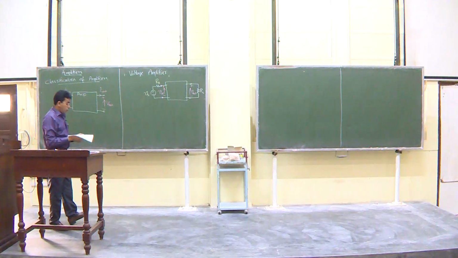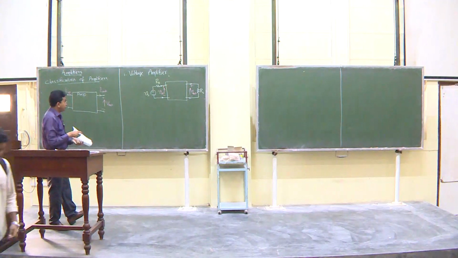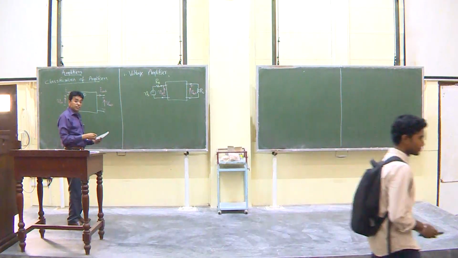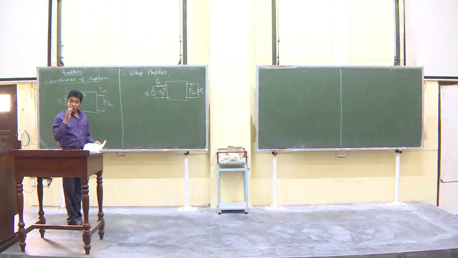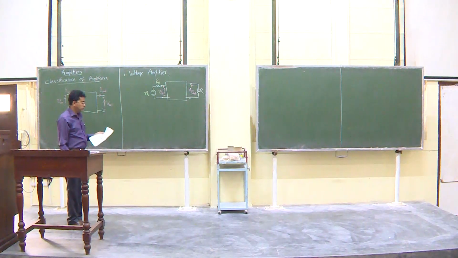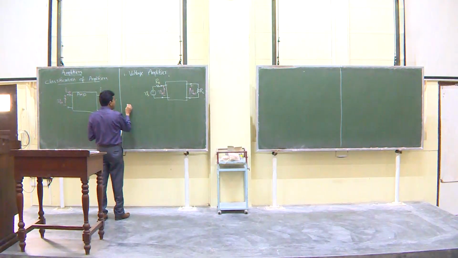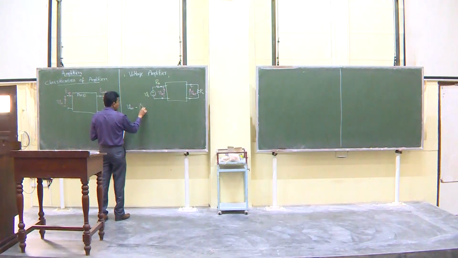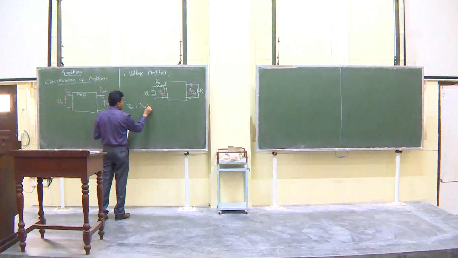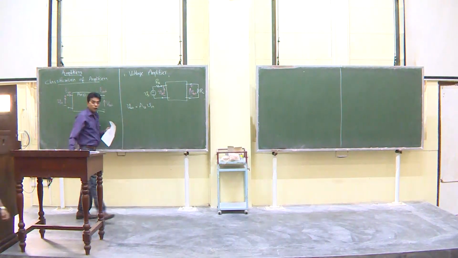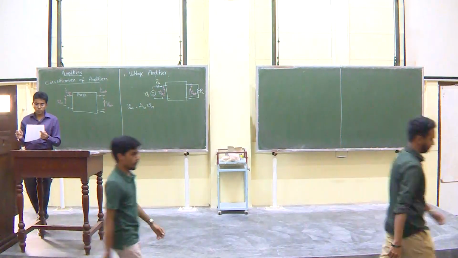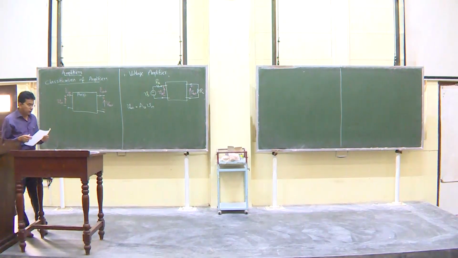Now, for a voltage amplifier, what I want is a constant relationship between output over input voltages. So what I would like to have is V out equal to AV times V in. That's what we like to have.